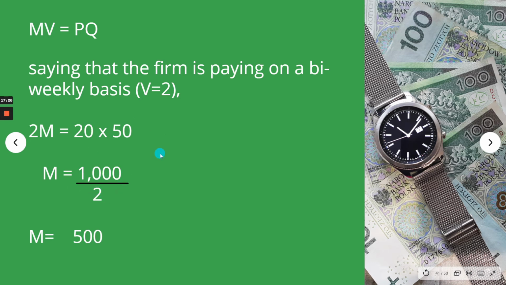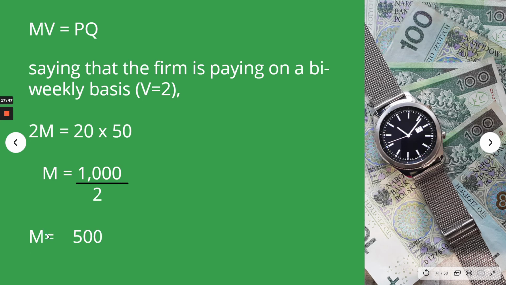That's 20 times 50, and then you move the velocity here. It's just algebra, guys. And then M equals 500. So meaning, if you pay on a bi-weekly basis, you need 500 money, right? This is the volume of money you need.